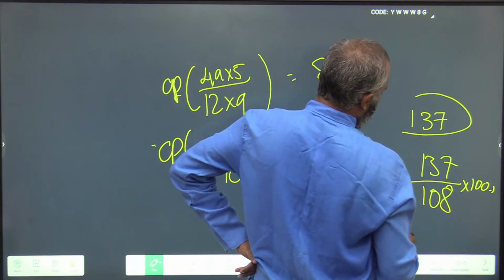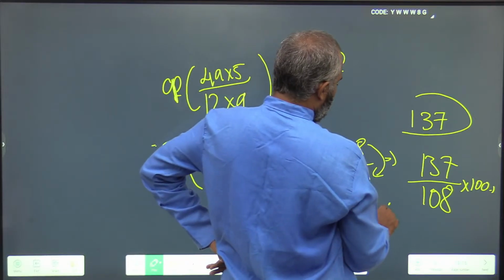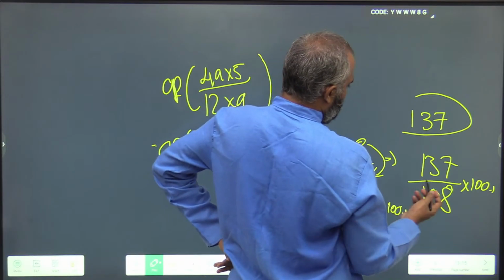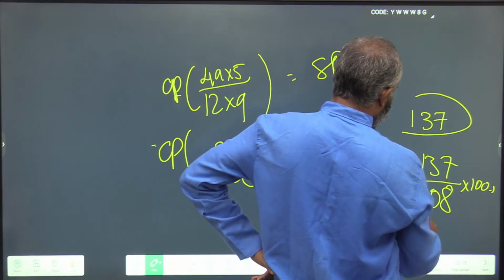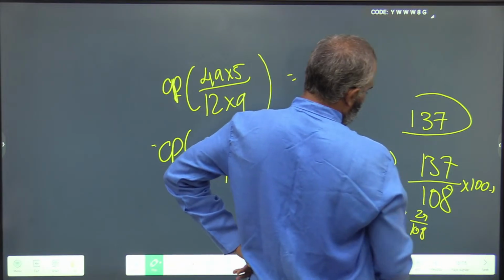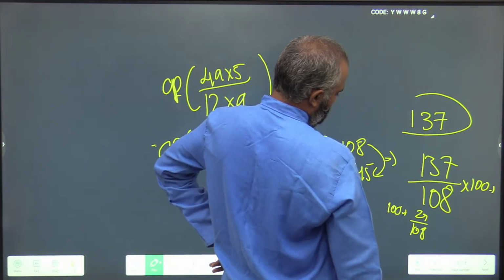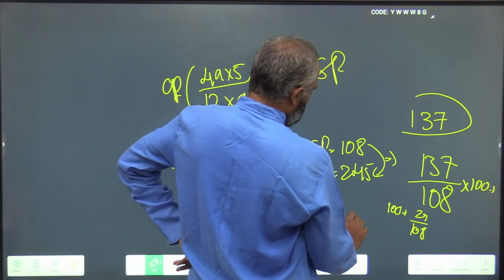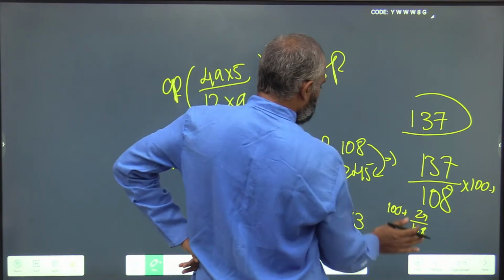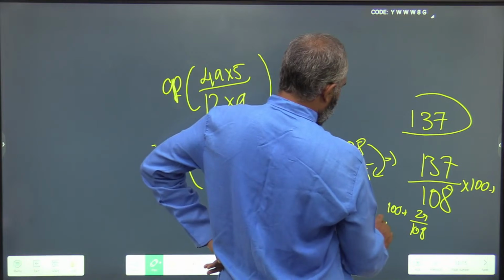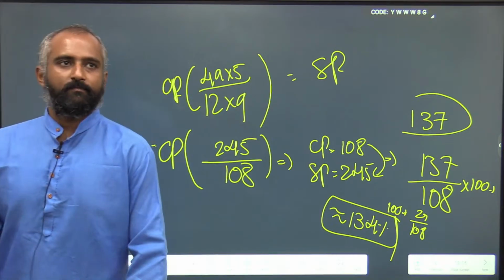So 108 is 100%. 108 plus 29 by 108, so approximately 30s and this is hundreds. Okay. So this will be 134%. Okay, profit is around 134%.